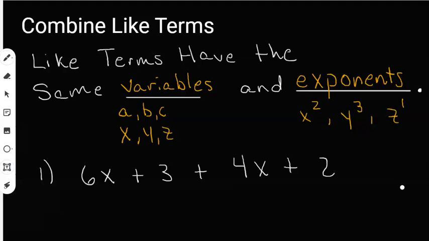So you should be underlining this with this. So 6x and 4x are like terms. They have the same variable. They have the same exponents too, right? They got the same exponents because the exponent is technically 1. You just can't see it.